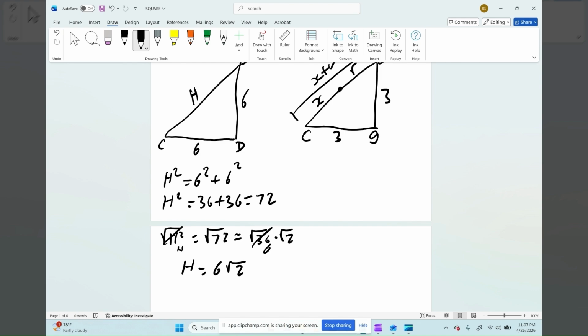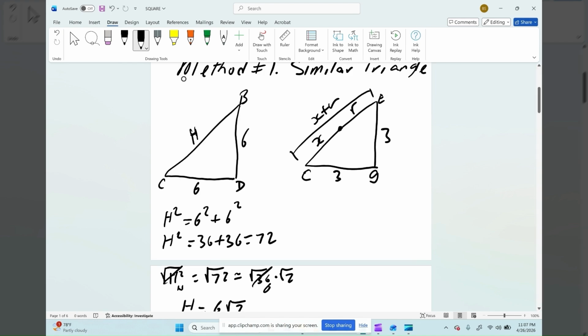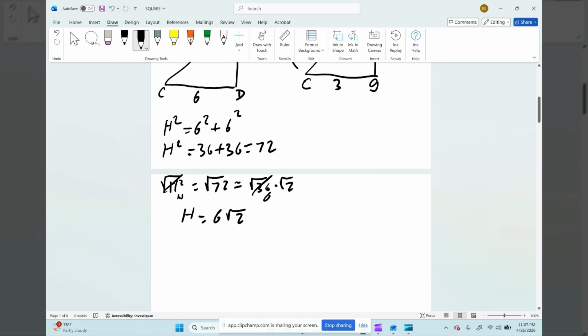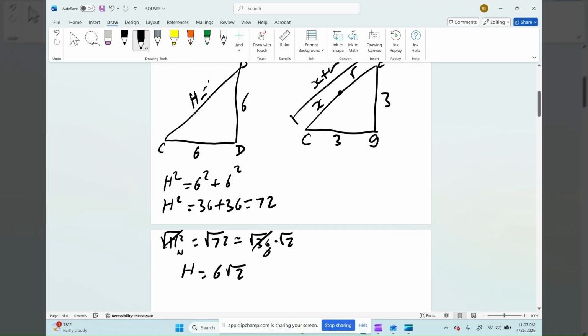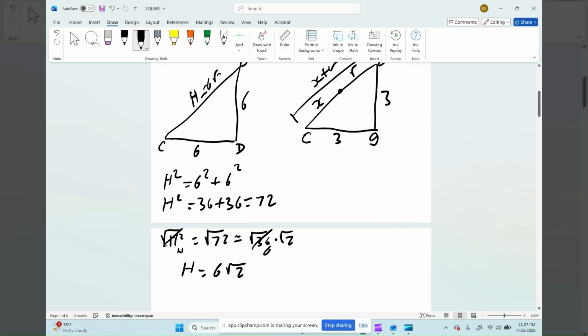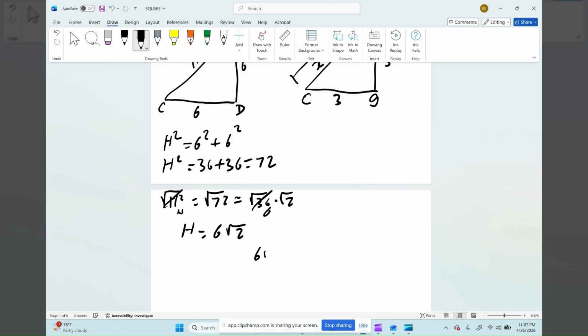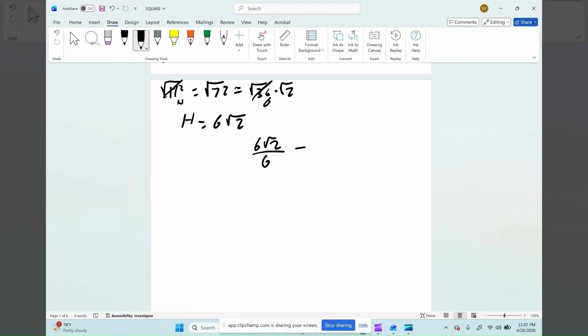Now, we have similar triangles, so H and X plus R, and 6 and 3. So let's do that. H, which is here, equals 6 square root of 2. So we have 6 square root of 2 divided by 6 is equal to X plus R over 3. Let's cross multiply.